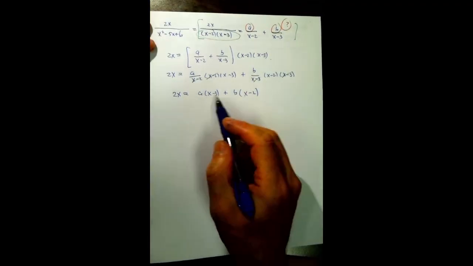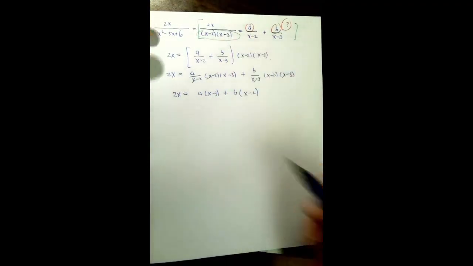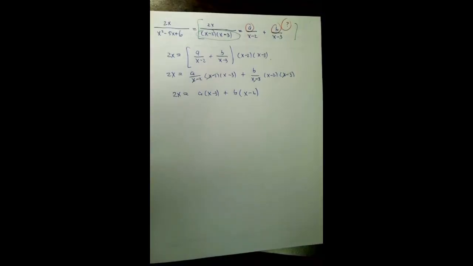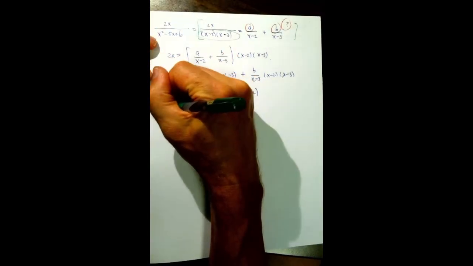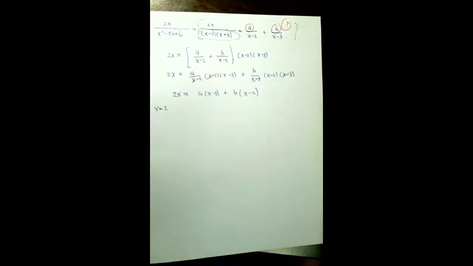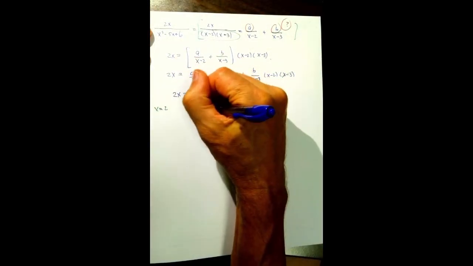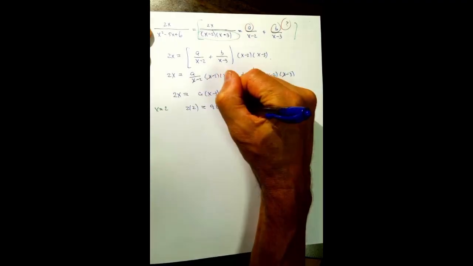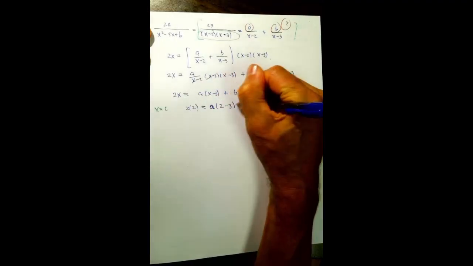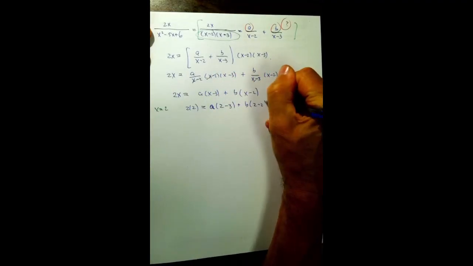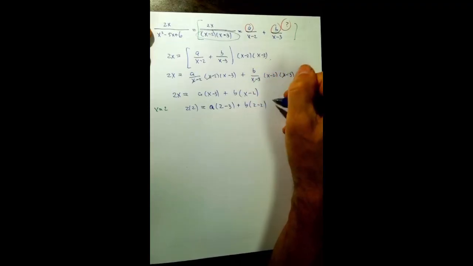And again, I want to know what a and b is, but the thing is, this has to be true for all x. So in this particular case, I can plug in some clever values for x. So notice if I let x equals 2, I get 2 times 2 is a times 2 minus 3 plus b times 2 minus 2. This becomes 0.